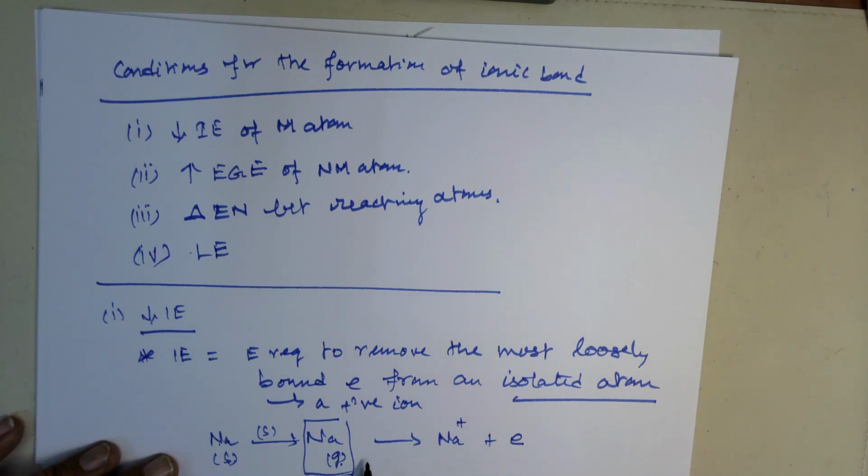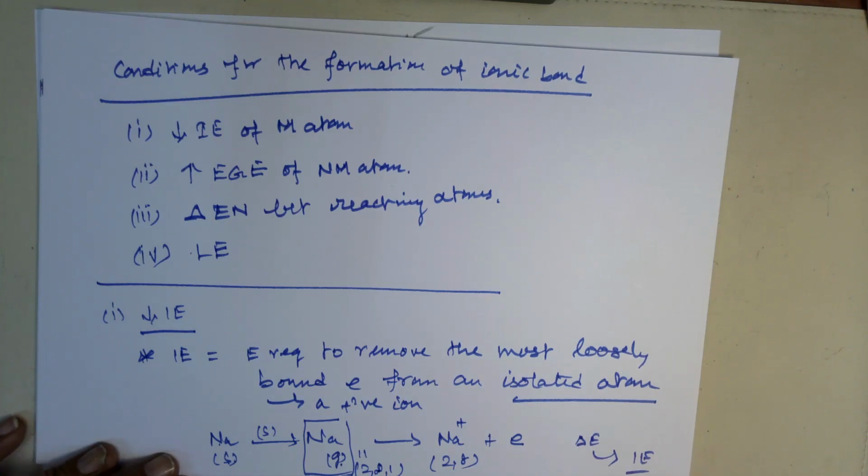Here the atomic number is 11, so you have 2, 8, then 1. After removal it becomes 2, 8. The amount of energy required here is called the ionization energy.